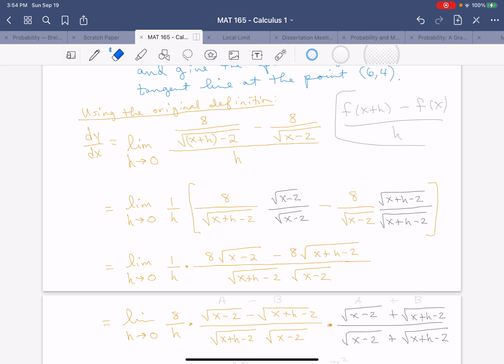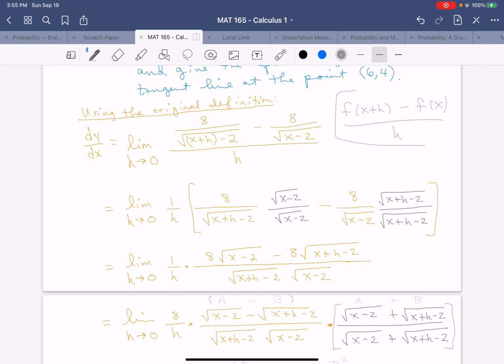And so that's why I chose to multiply by 1, essentially, right? Because this is just 1, because it's something divided by itself, but it's what we need to get that difference of two squares in the numerator. Because that's going to give us big A minus big B times big A plus big B, right?